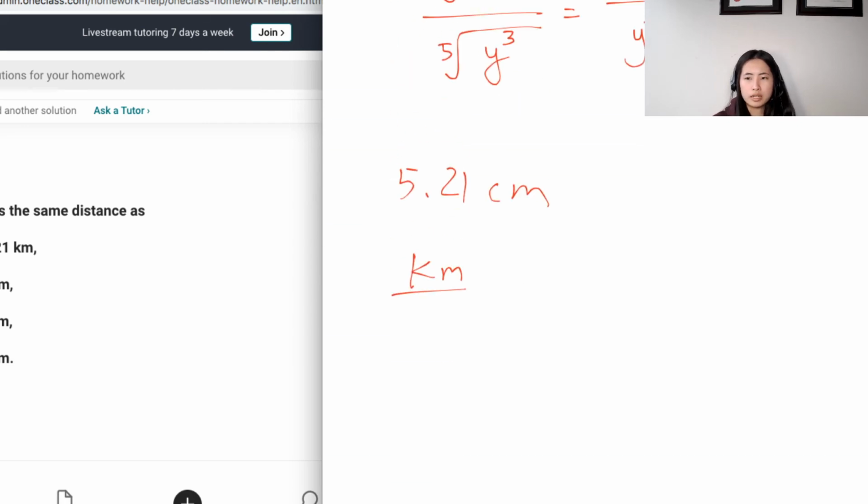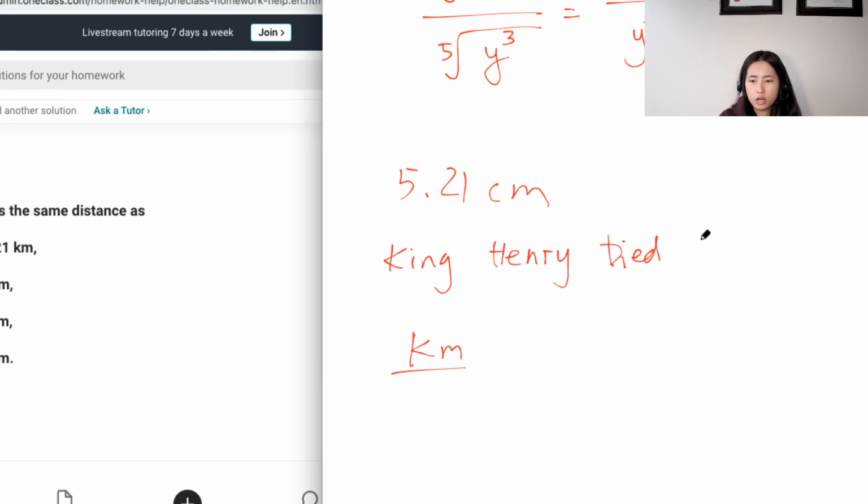If you recall my mnemonic, I'm not sure if you attended my class for the Q&A math a couple of days ago. So basically, I brought up this mnemonic, which is King Henry died drinking chocolate milk.